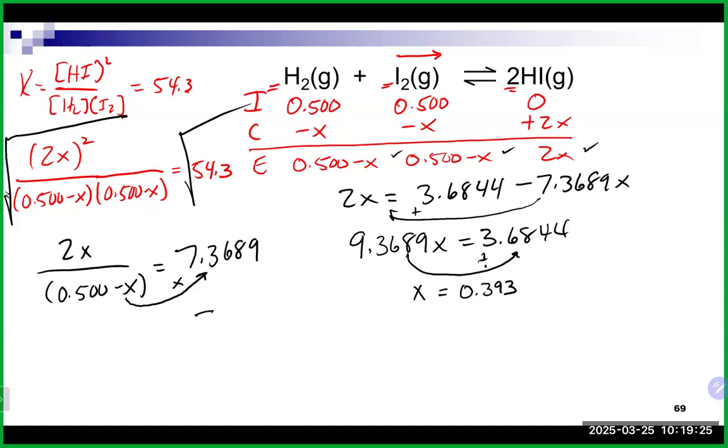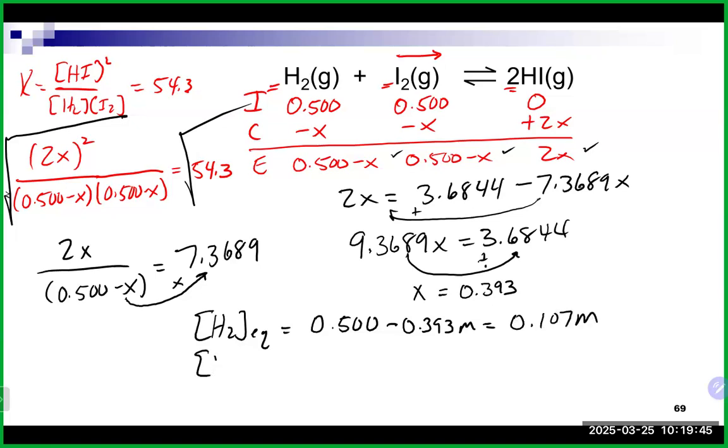So that means that the equilibrium concentration here of H2 is 0.5 minus 0.393 molar. That is going to get us 0.107 molar. We should also get an identical one there for I2: 0.5 minus x, 0.5 minus 0.393, 0.107.